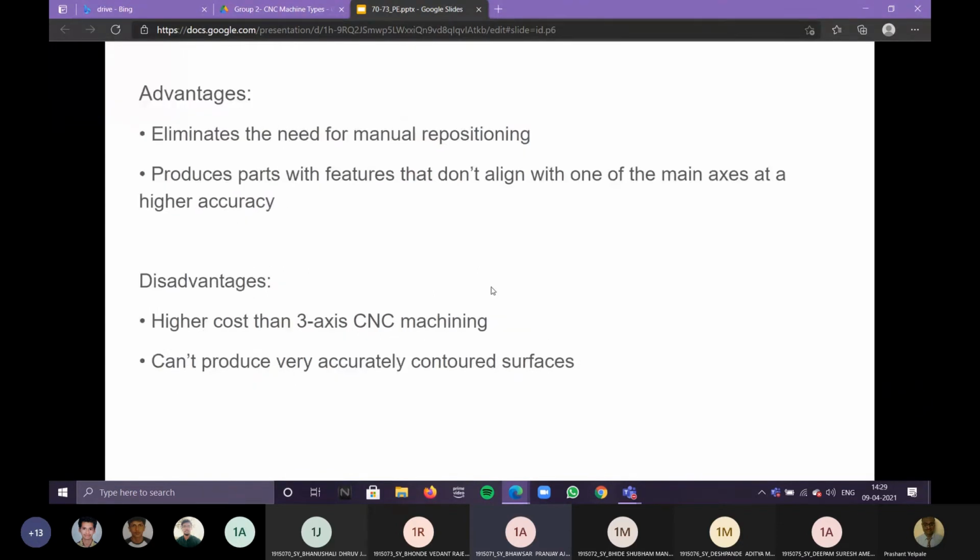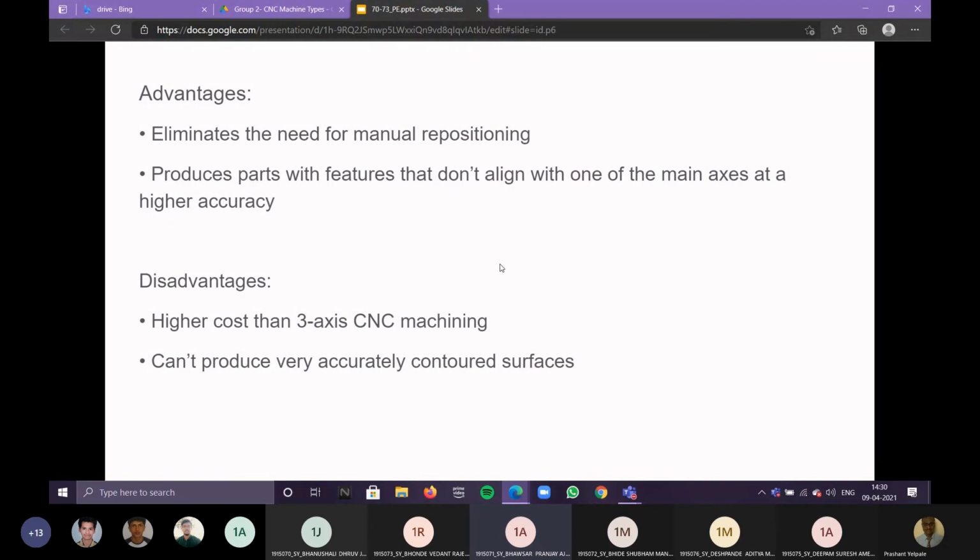This machine comes with a lot of advantages. It eliminates the need for manual repositioning of the workpiece. As I said, between two operations, the bed of the workpiece can translate or rotate, and it can align itself with the tool according to the need.